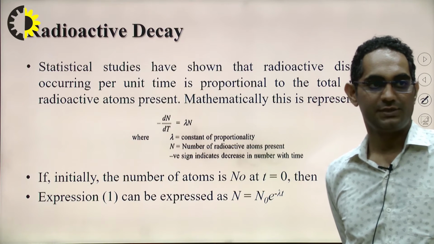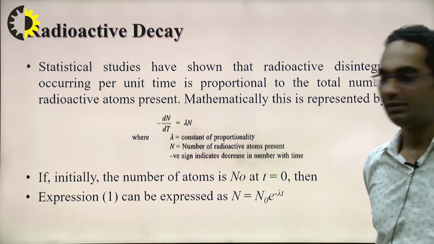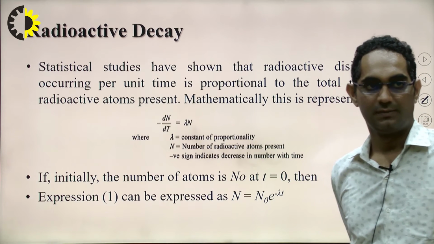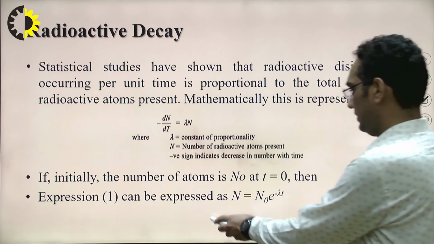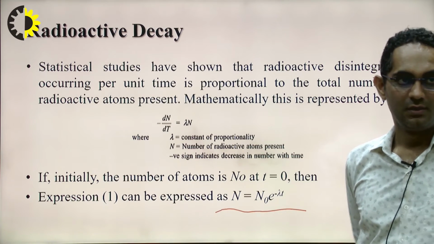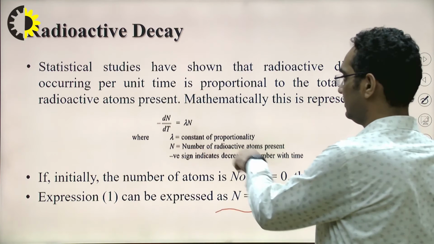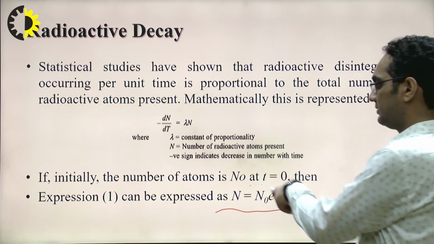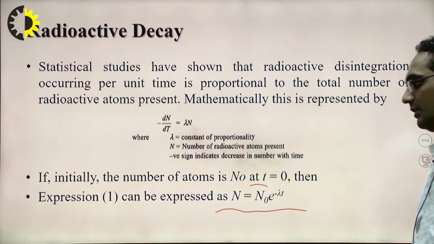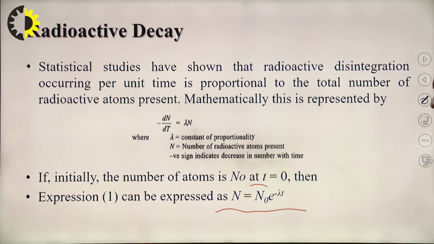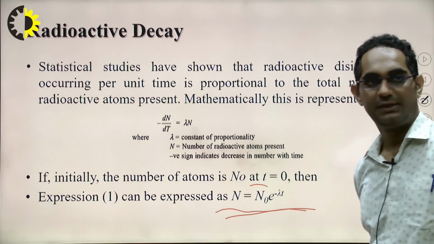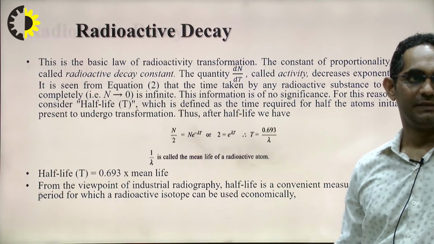If initially the number of atoms is N0 at t equals 0, then expression 1 can be expressed as N equals N0 e raised to the power minus lambda t.